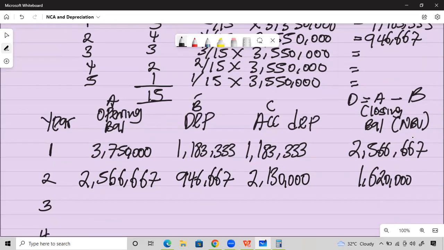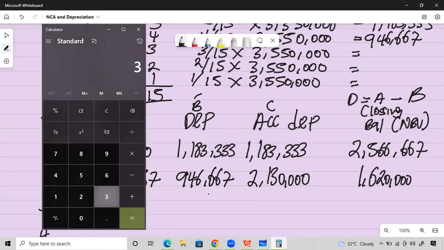Then the next one, you bring this down. You still say 3 divided by 15, multiply by 3,550,000. Then you have what? 710. So we have 710 now.